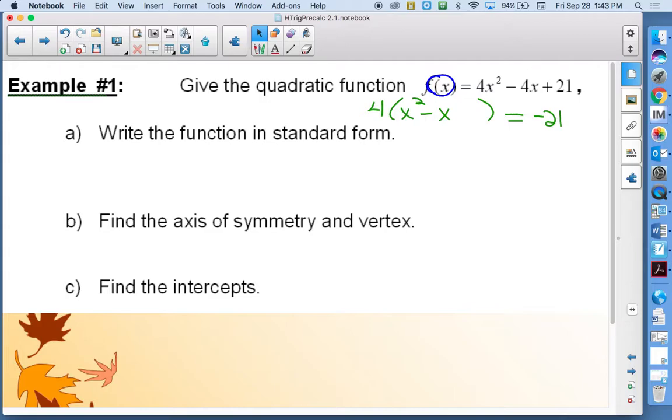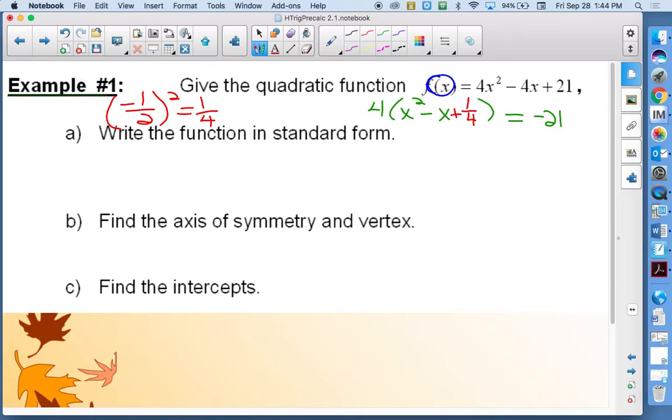All right, so the second step, Brandon, now that we have the 4 taken out, we would? Take negative 1 divided by 2 squared, which would be 1/4. So that's b divided by 2 squared, so he said that's 1/4. And then we add 1 to the other side. Even though there's a fraction, it works out kind of nice, because when you multiply 1/4 times 4, because remember you pulled out a 4, you're actually just adding 1 to the other side, which isn't so bad having a fraction.